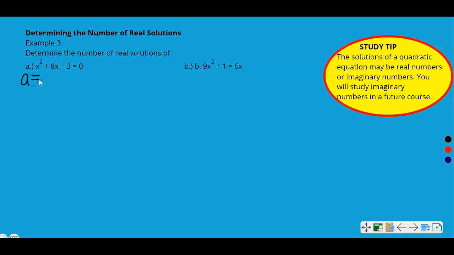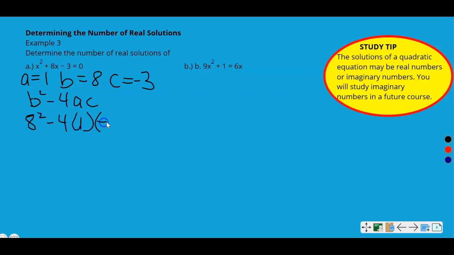So again, we have to determine our a, our b, and our c. And this time, instead of doing the whole quadratic formula, we're just going to do b squared minus 4ac because that's the discriminant. All right, so we got 8 squared minus 4 times 1 times negative 3.